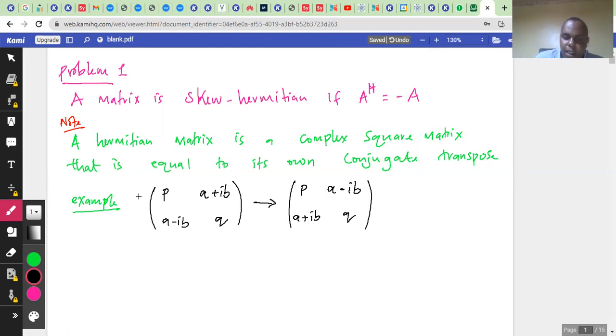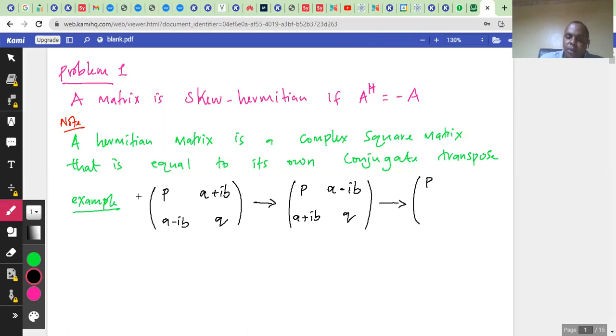And then if you transpose it, it's going to be P. But do we need to change P and Q? No, we are just assuming that P and Q are real. A complex number, whenever you're doing its conjugate, you negate the imaginary part, and P doesn't have an imaginary part.